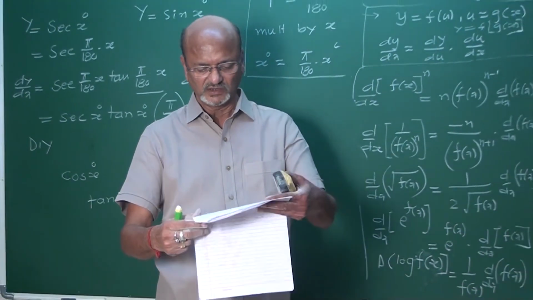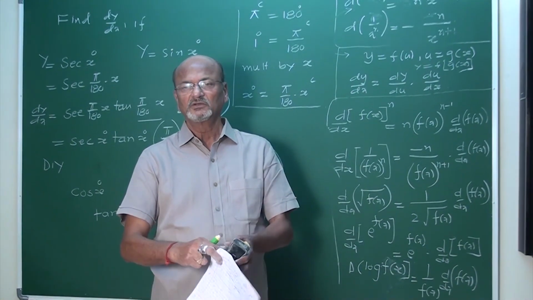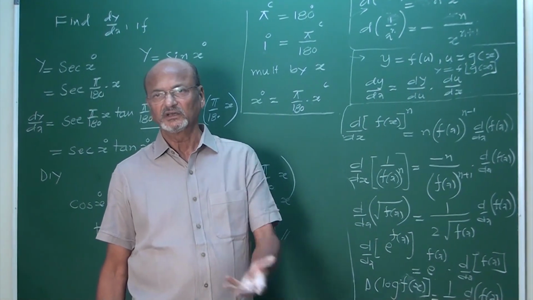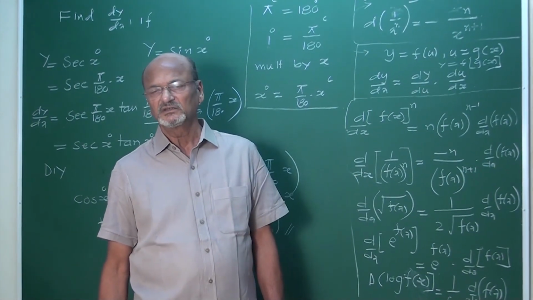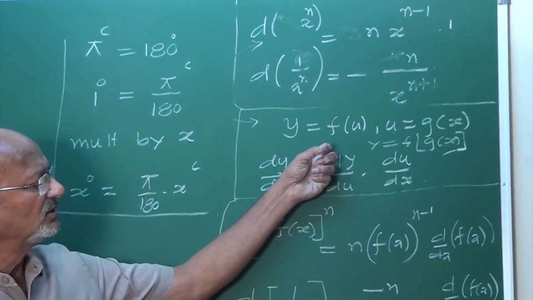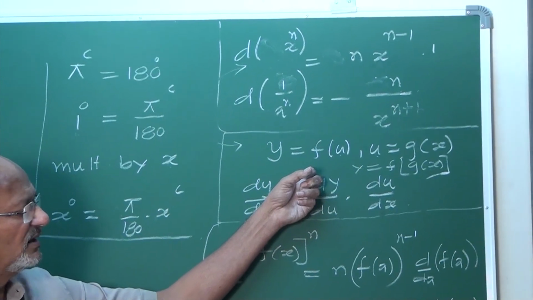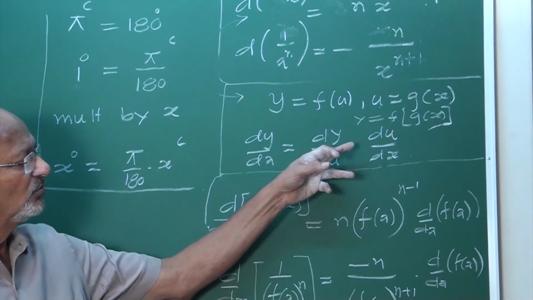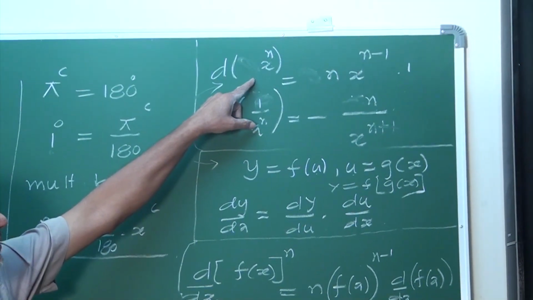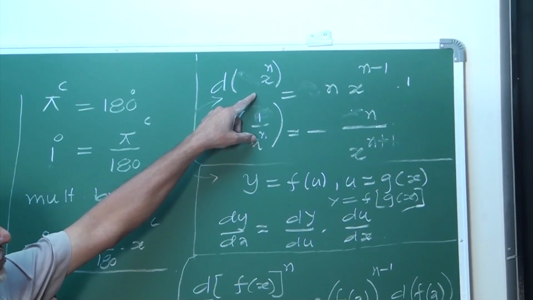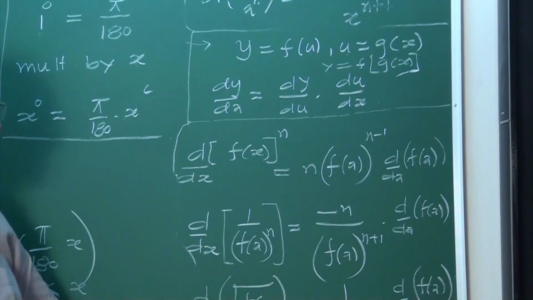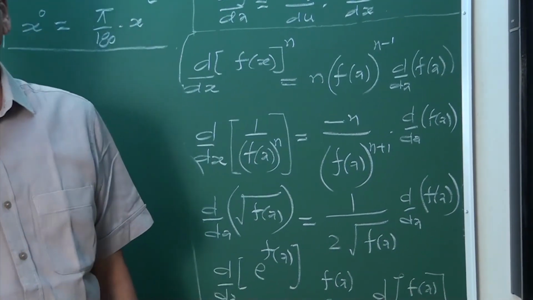Yes, my friends. This is about composite functions. About composite functions, by taking 3 classes, nearly 3 hours, I completed formula, chain rule, what we mean by composite function, and how to write their derivatives with the help of this. These particular formulae are converted into general formulae, very much useful in the future coming chapters.